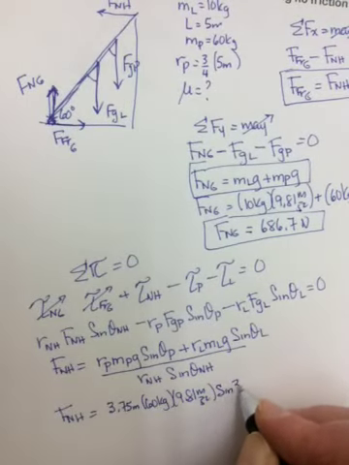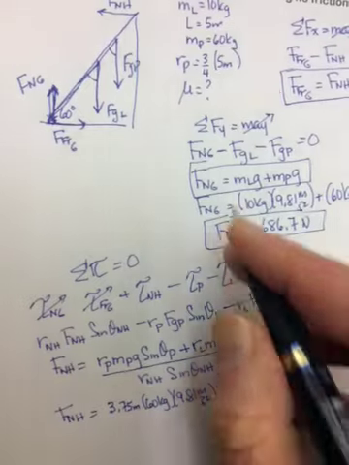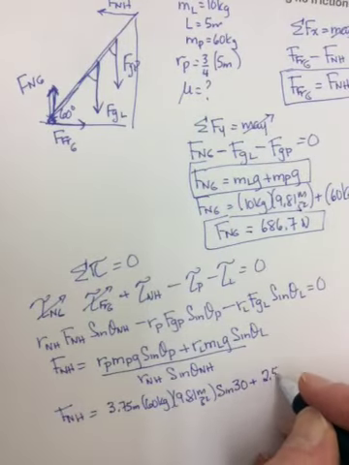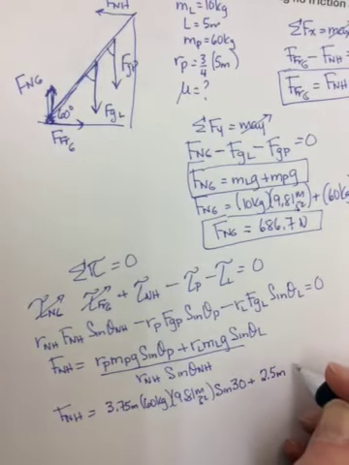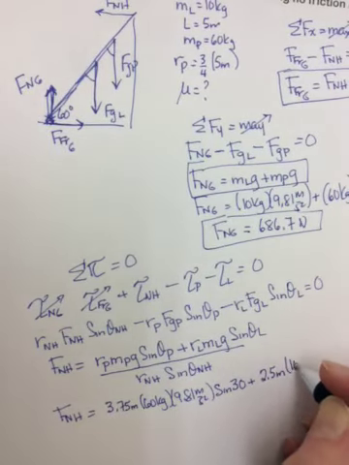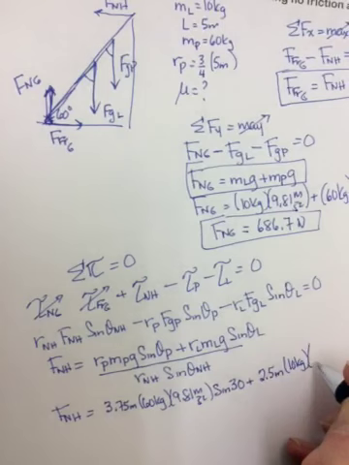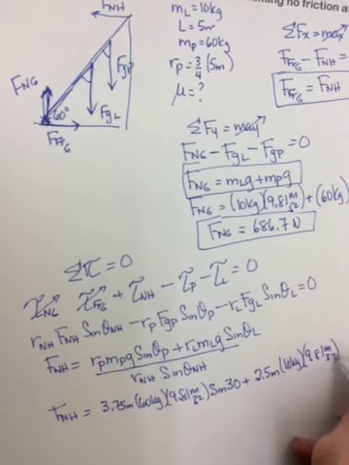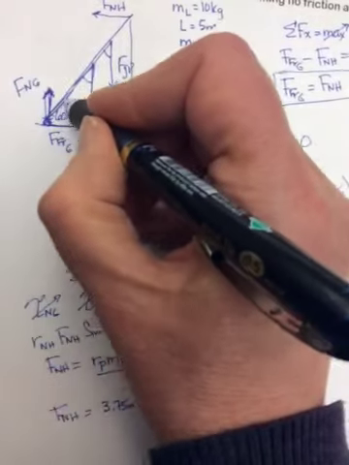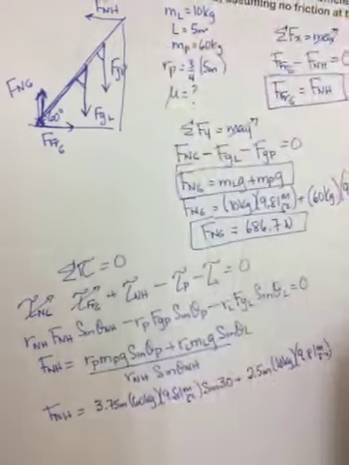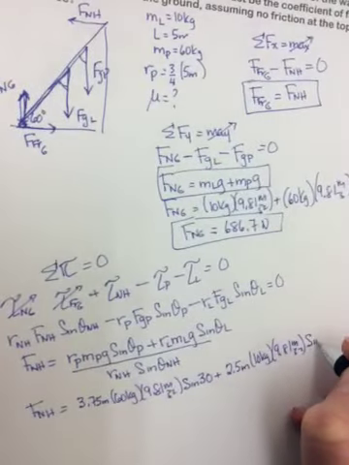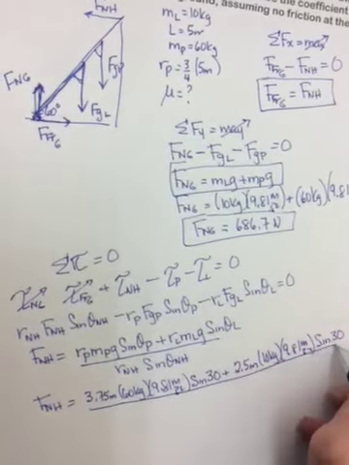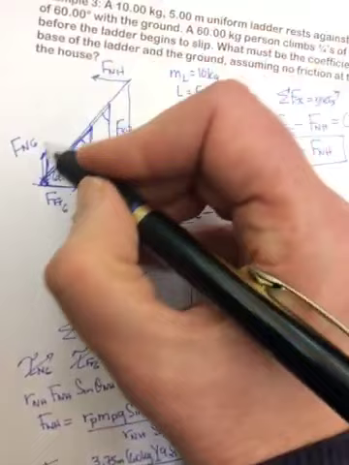So sine of 30, plus R of the ladder, 5-meter long uniform ladder, R should be 2.5 meters. The ladder itself was 10 kilograms times 9.81 meters per second squared, and the angle for the weight of the ladder, again, is going to be 30 degrees, so sine of 30, divided by R normal of the house.